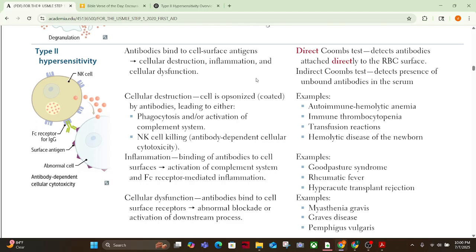But this antibody binding causes the complement system to be activated, and if the complement system is activated, you have neutrophils called in, causing inflammation.